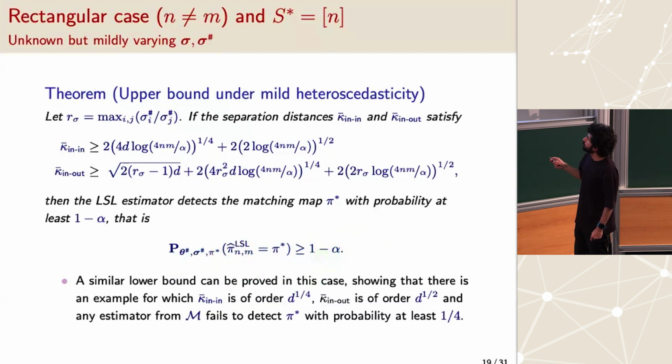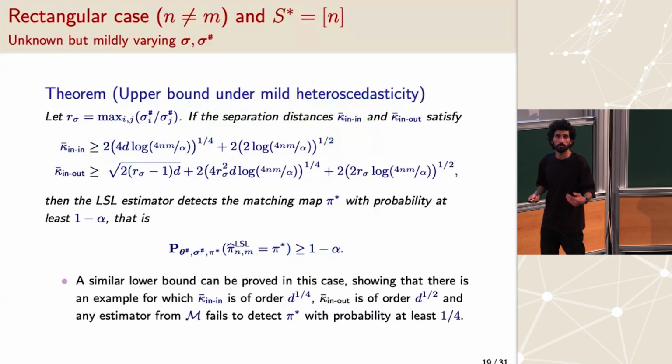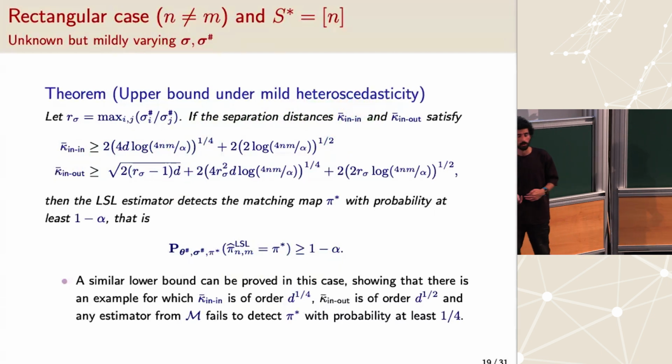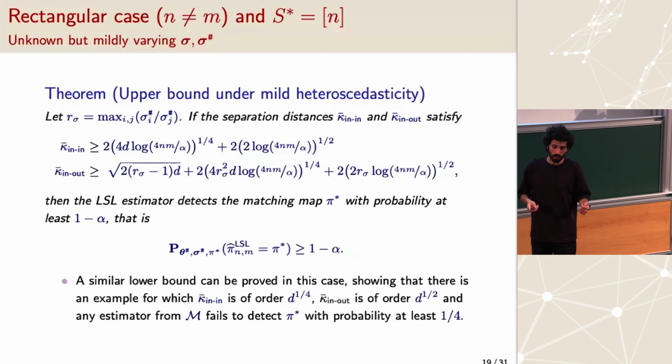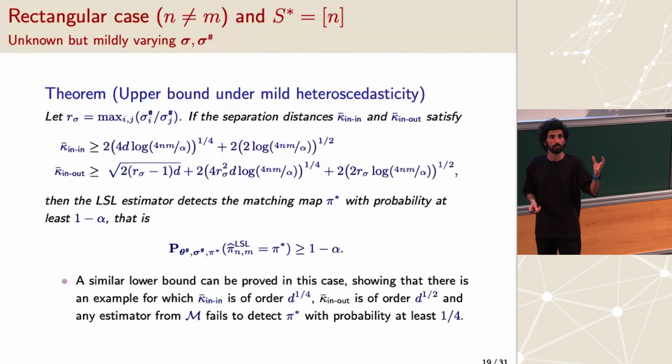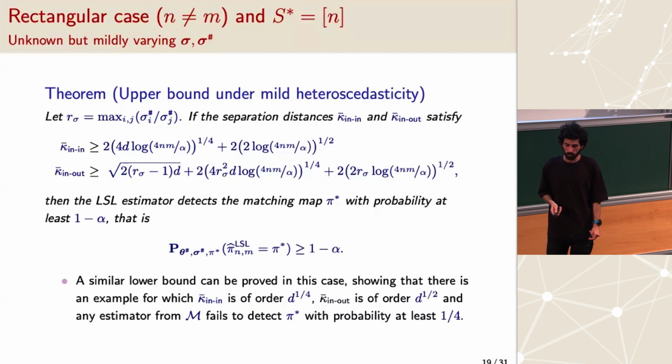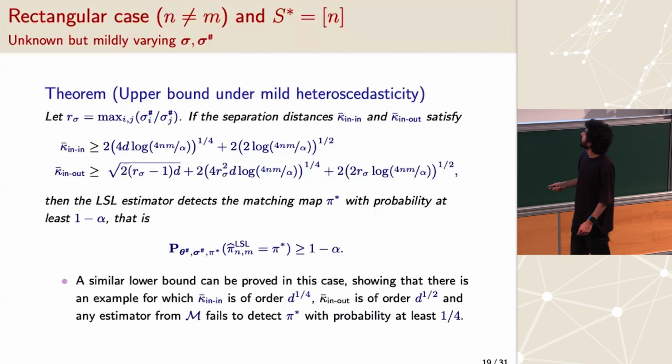So for the inliers we have the same rate as before in the problem of permutation matching, and for inliers and outliers we have the square root of d times the ratio of sigmas term, and the rest is the same.